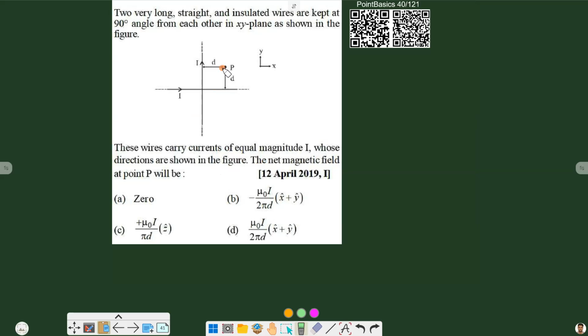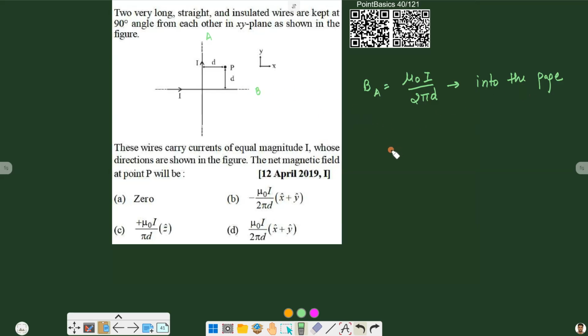Now this point P is at equal distance from both of the wires, and we assume that both wires are infinite. So in that scenario, suppose this is wire A and this is wire B. The magnetic field due to wire A, assuming this is an infinite wire, will be mu node I by 2 pi d, and as per the right hand screw rule, this field is into the page or in the minus k direction.